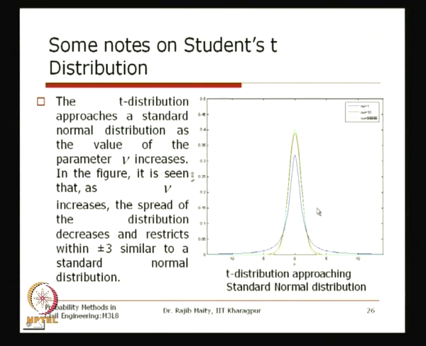This is basically used in statistical tests, when you have sample data with finite values.